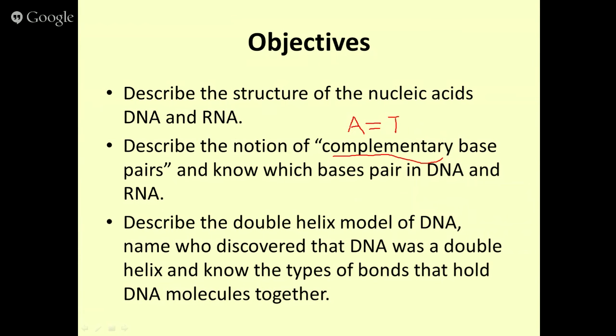So the A will always stick to the T, and the G will always stick to the C in DNA. And remember, in RNA, there's no T, so A sticks to U in that case. So remember that the bases pair up like that, and always A sticks to T and G sticks to C when you're looking at your DNA.